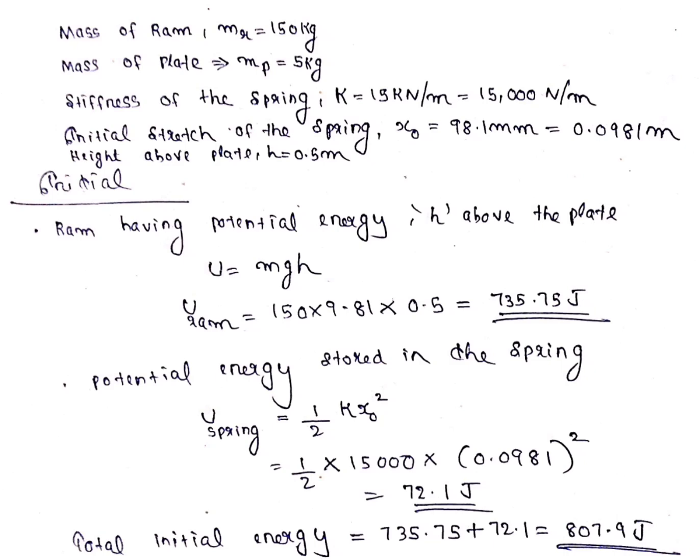The spring is initially stretched by 98.1 mm, and I have to convert that to meter, so it will become 0.0981 meter. Then I am assuming h, the height above the plate, to be 0.5 meter. That means the distance between the ram and plate, I am calling it h, and it is 0.5 meter.